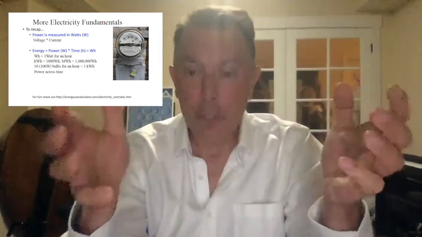To dig in a little bit deeper, as you see on this figure on the right, the measurement on this older meter is in kilowatt hours. You can look across those dials and determine the amount of energy that's been consumed. So again, power is measured in watts, and that's voltage times current at an instant.